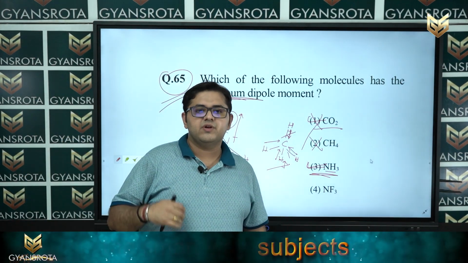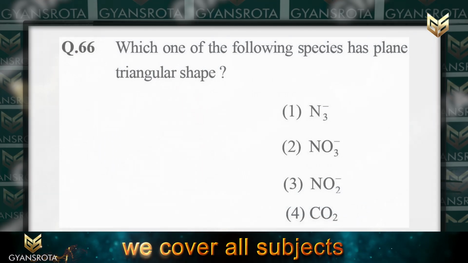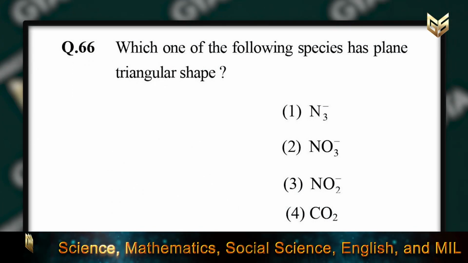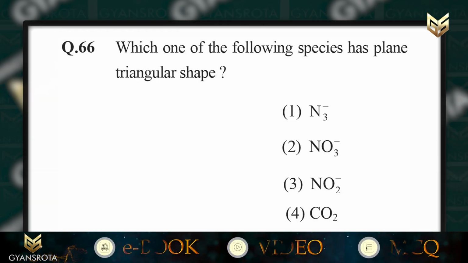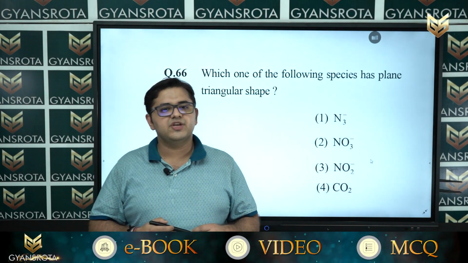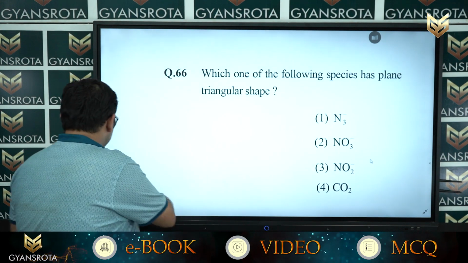Now we are moving to the next question, that is question number 66. Question number 66 is on your screen. Which one of the following species has a plane triangular shape? Now we are moving to the solution part.